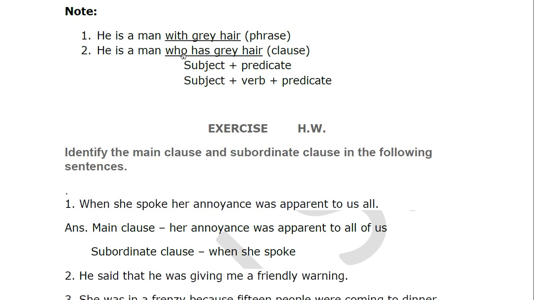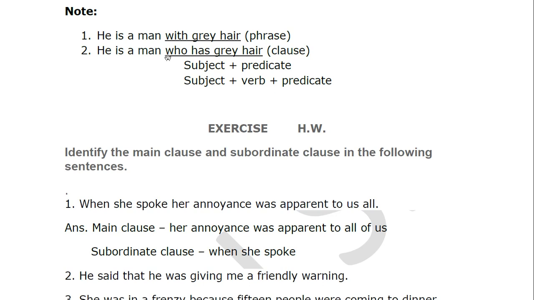So, who has grey hair makes complete sense because you have the subject over here as well as the predicate. Has is your action. So the subject is he. He who has grey hair.